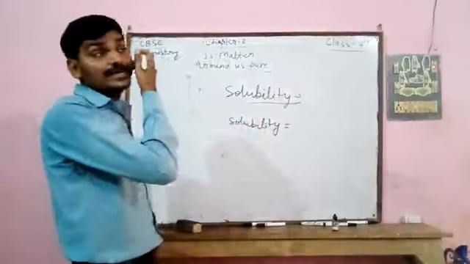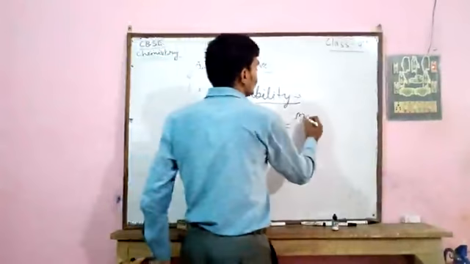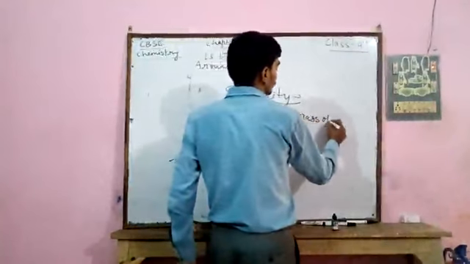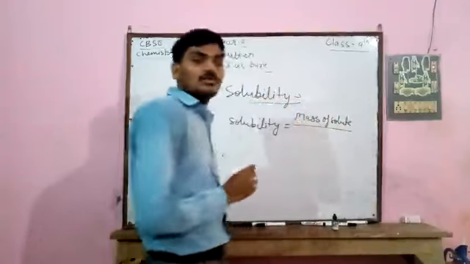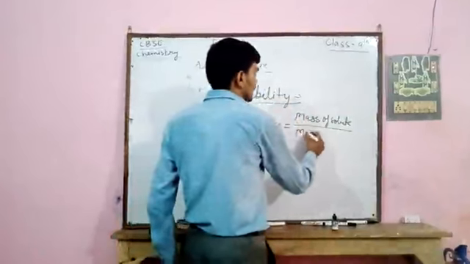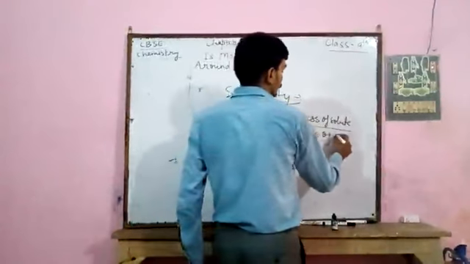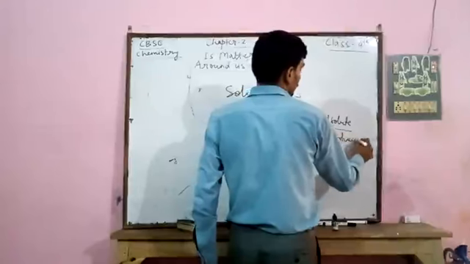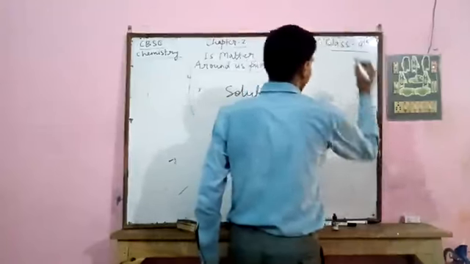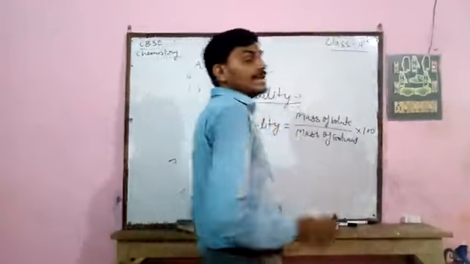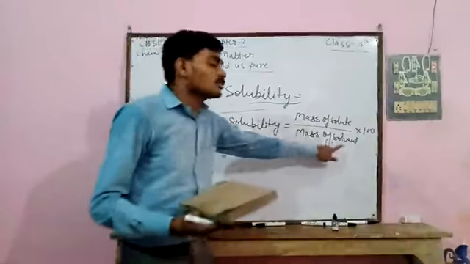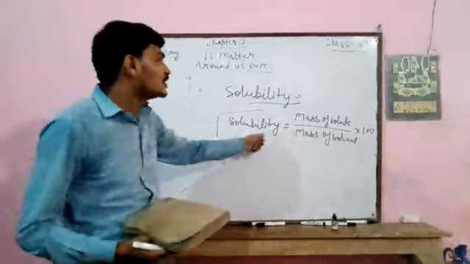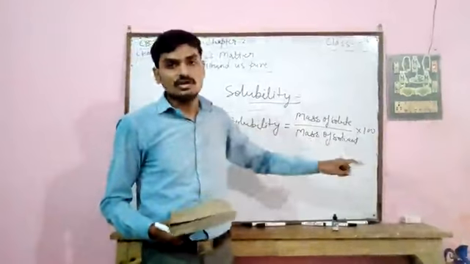What is the solubility? Mass of solute upon mass of solvent, multiplied by 100. In the concentration we take the mass of solution, but in the solubility we take the mass of solvent.